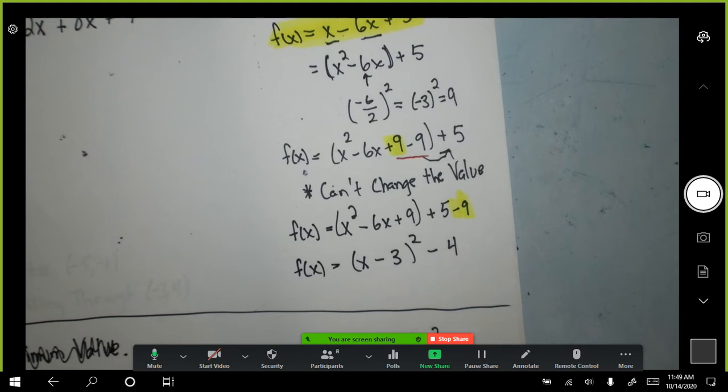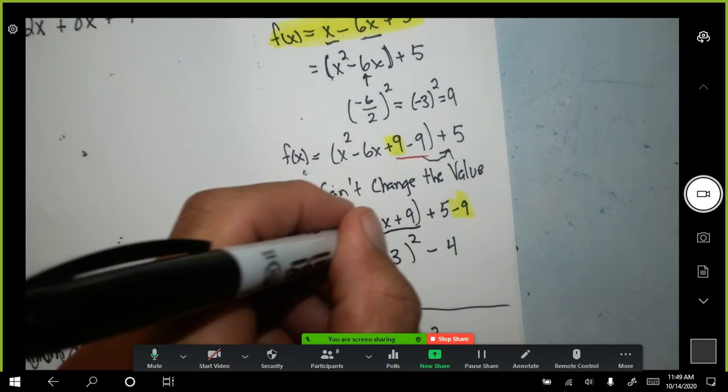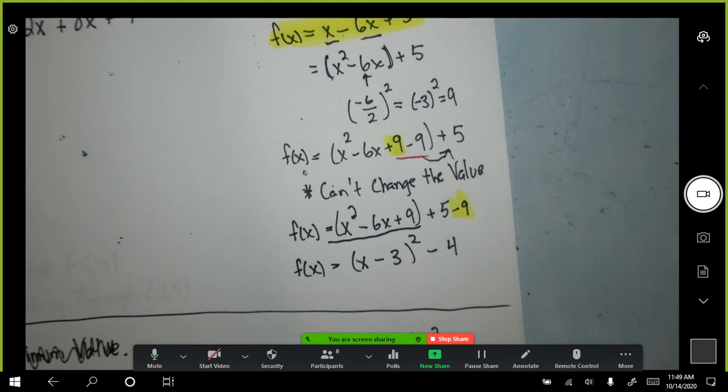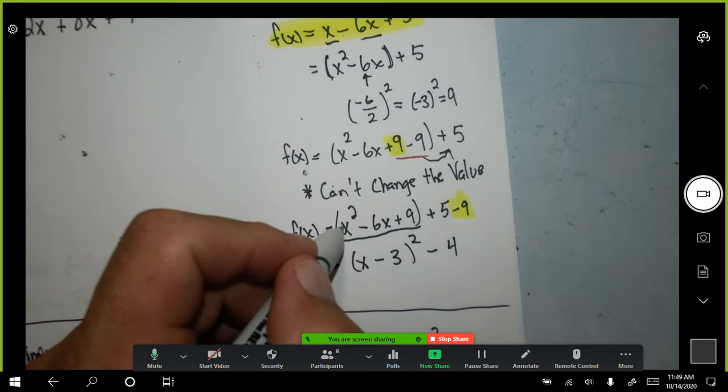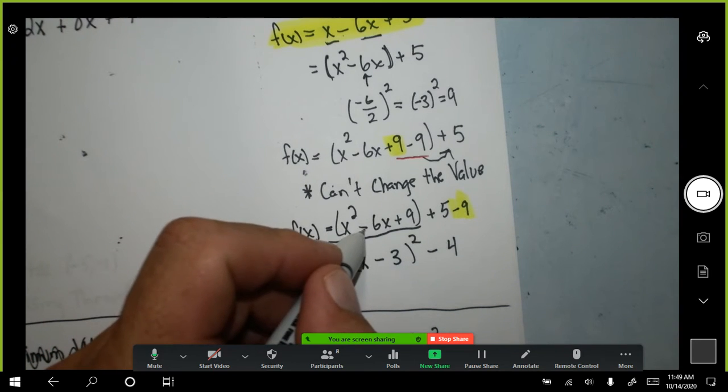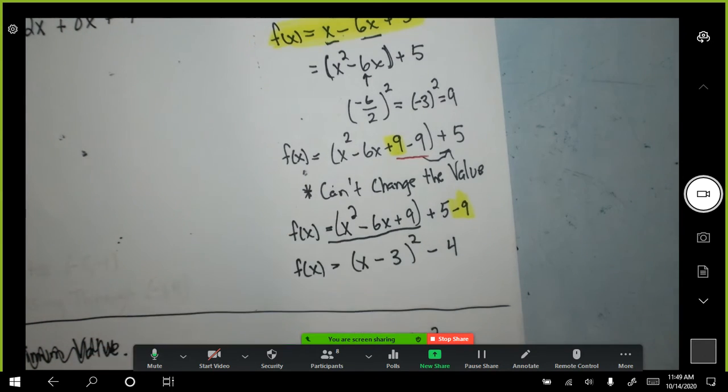And then the reason I did that is because now this right here can be factored as a binomial squared. And the binomial is just x, and then you take half the middle number, because that'll tell you if it's plus or minus.